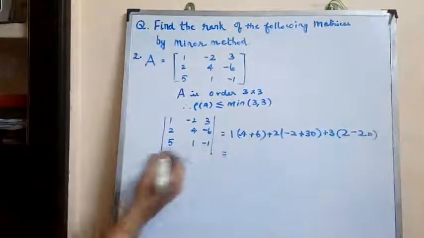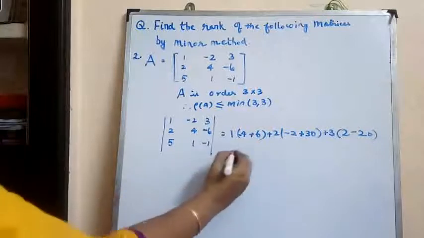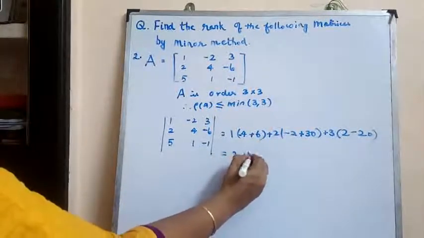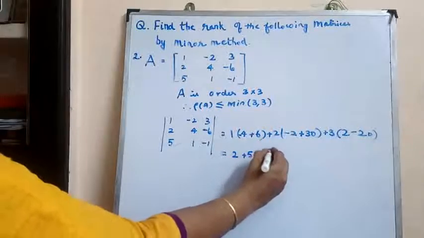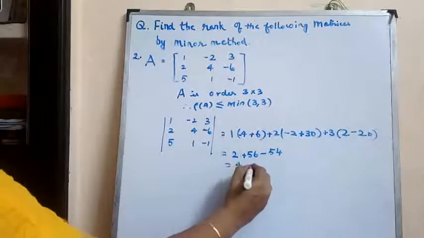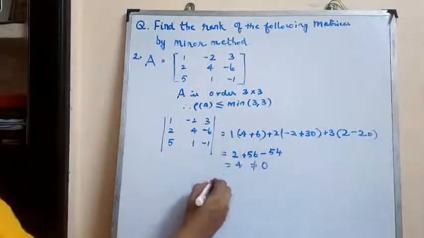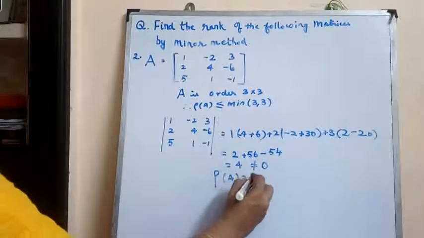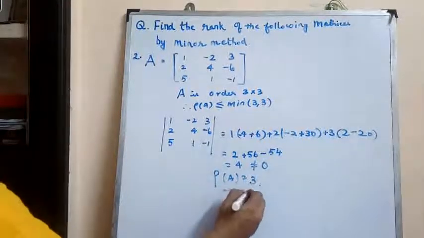So which is equal to 2 plus 56 minus 54, which is equal to 4. So this is not equal to 0. Therefore rank of A is equal to 3.